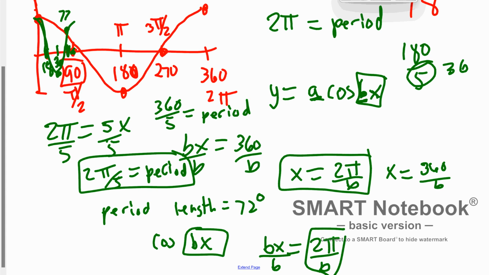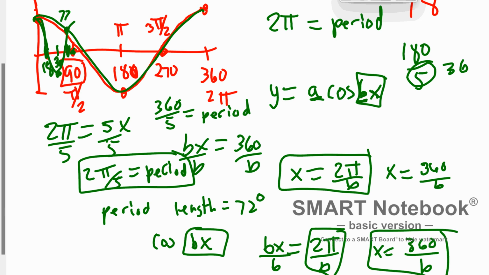So it's 2 pi divided by b, or 360 if I'm talking about degrees, divided by our b. So either in degrees or in radians, you can find the period length.